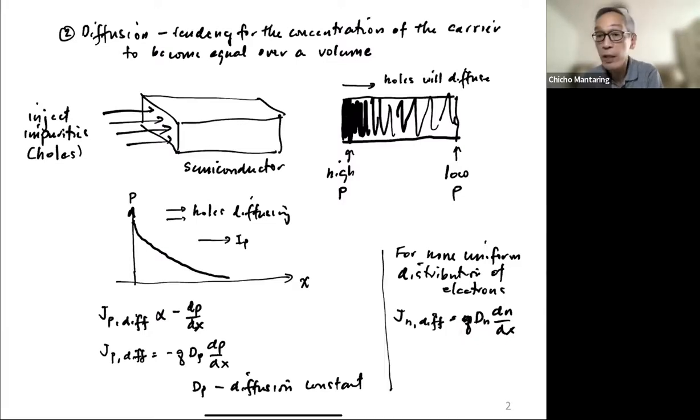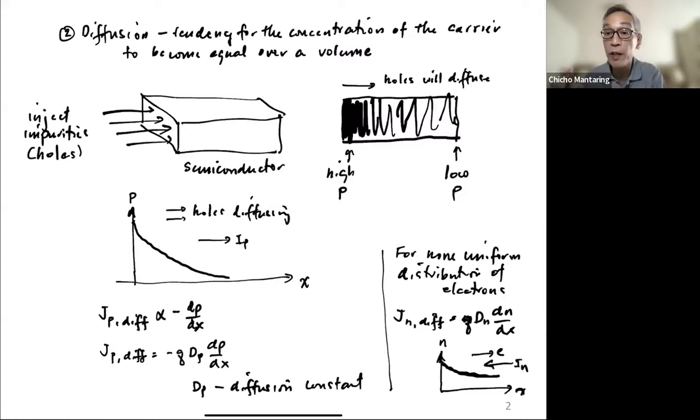Because the direction of flow of electrons is going to be opposite the direction in which your electron concentration is decreasing. Because if this is N versus X, the direction of flow of electrons will be this way, but your current will be this way.